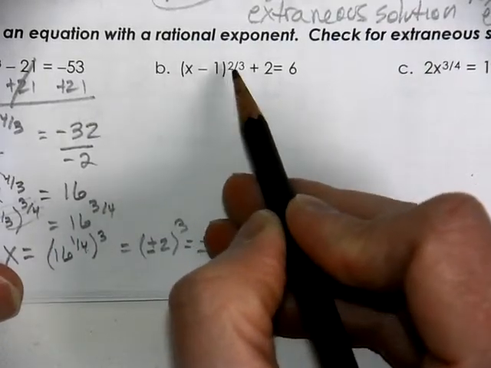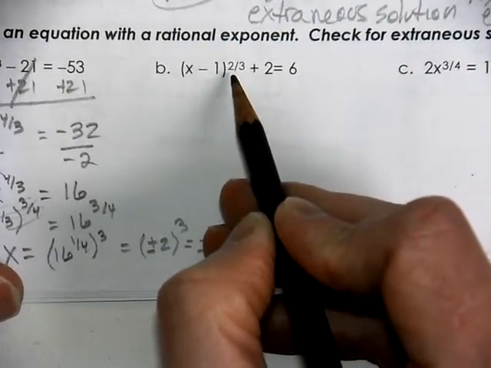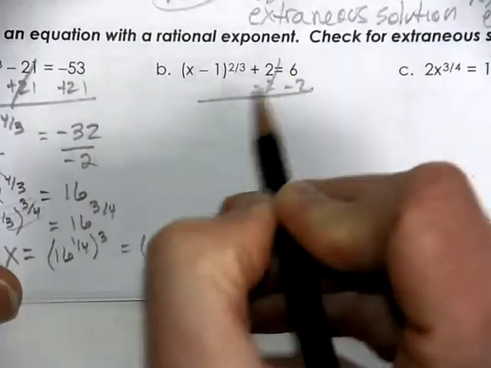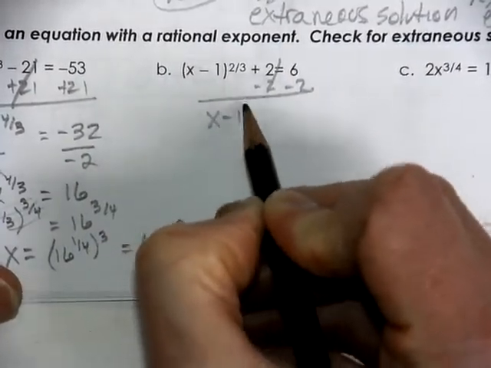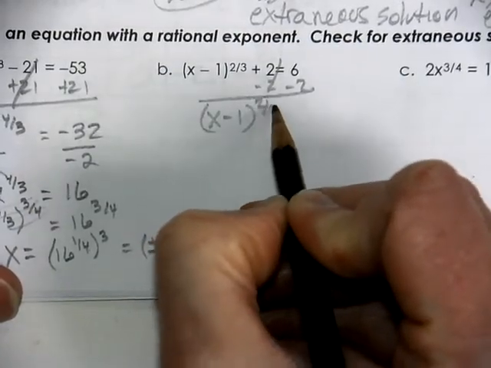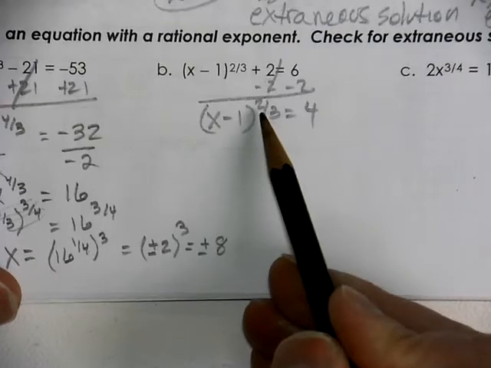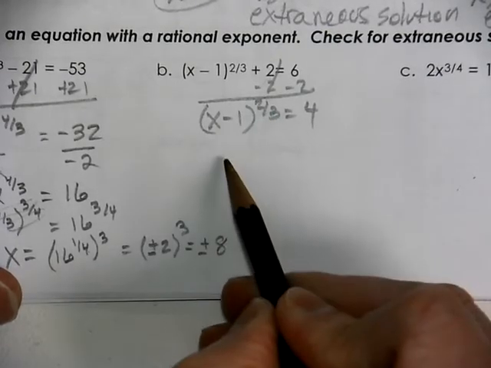Here we have to isolate what would make a radical. So we have to move the 2 over first. So this is x minus 1 to the 2/3 equals 4. We see our exponent is 2/3.